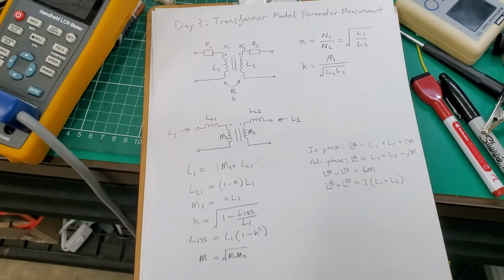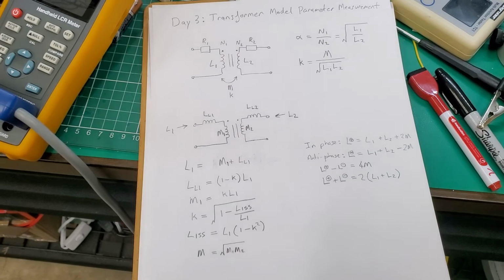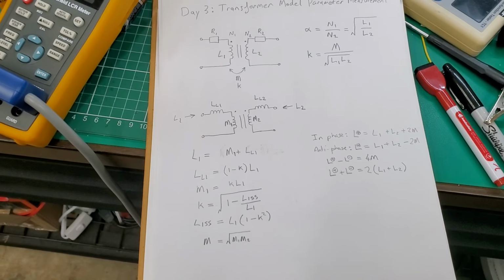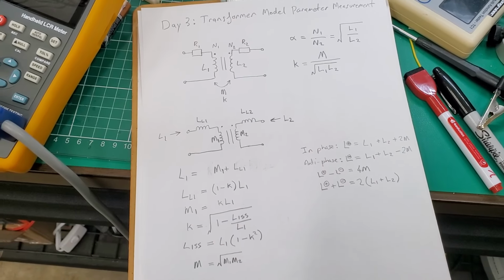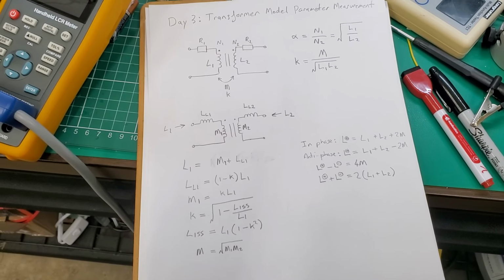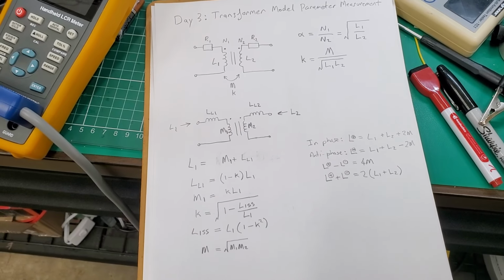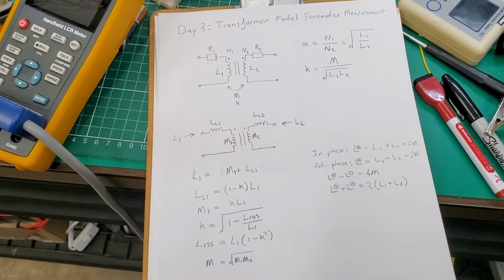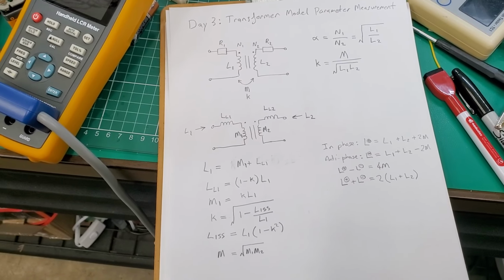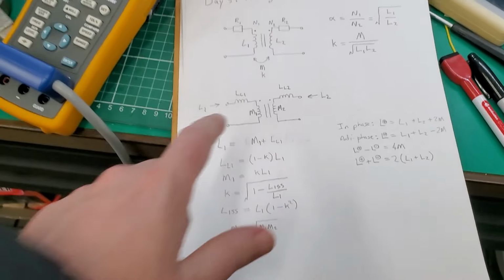So mutual induction between two arbitrary conductors is essentially modeled as this mutual inductance. In the case of most transformers that are designed for power transfer, almost all of the inductance of each winding is the mutual inductance. So you try to minimize this thing called leakage inductance.